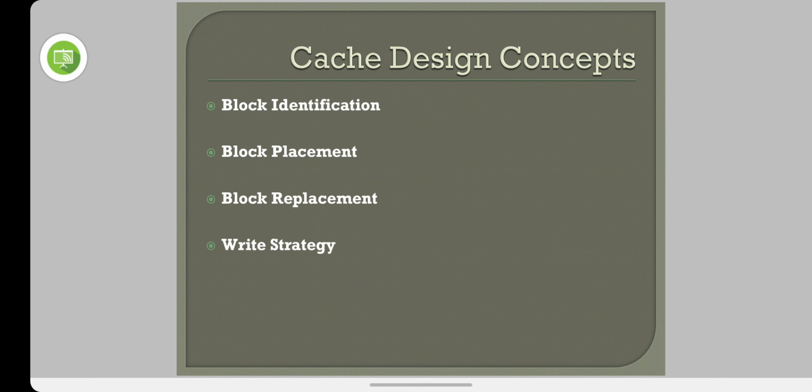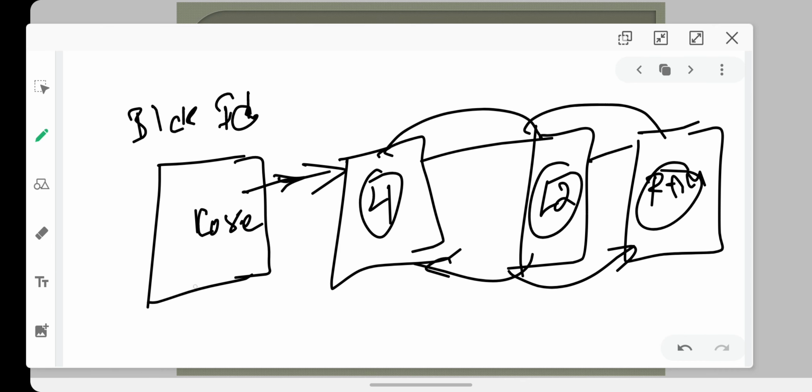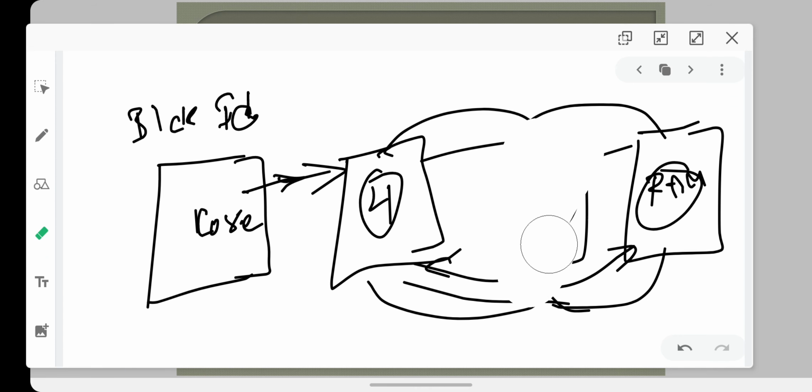Coming to block placement: whenever you get some data from the RAM, from the next level of memory, as we have seen before, let's remove this particular level of cache and say you have only one level of cache. You are bringing some data to the L1 cache, and you can't simply put it here or here.